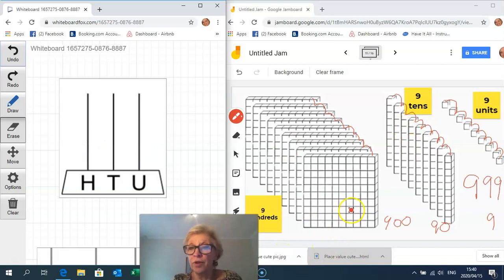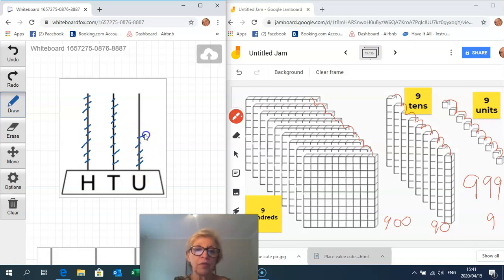Right, so if I had to do 999 on my Abacus, I'd have 1, 2, 3, 4, 5, 6, 7, 8, 9 hundreds, and I've got 9 tens. 1, 2, which is 90, 3, 4, 5, 6, 7, 8, 9. And I've also got 9 units, but you can now see, grade 3s, how I write it on my screen here.